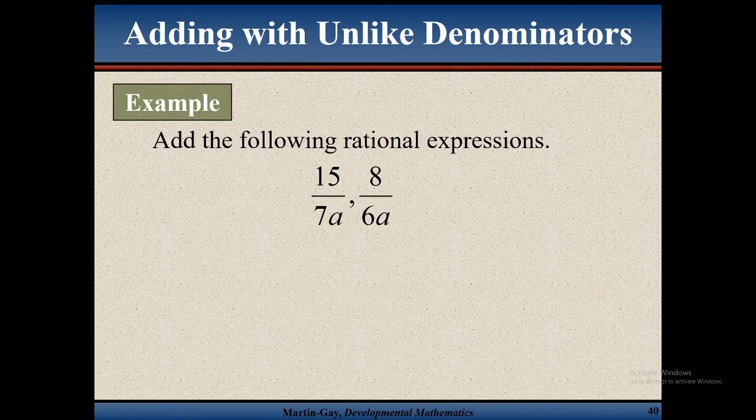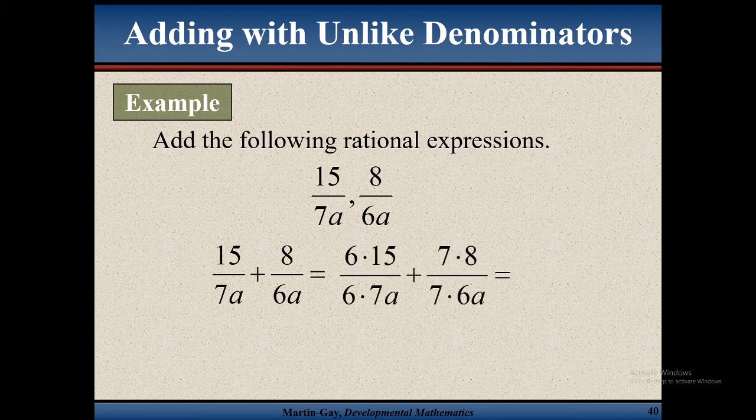Example. Add the following rational expressions. You have the denominators 7a and 6a. What would be the LCD? Simply, the LCD would be 6 times 7a, making it 42a. 42a divided by 7a is 6, right?